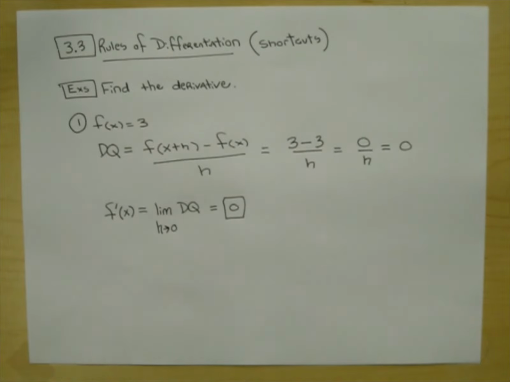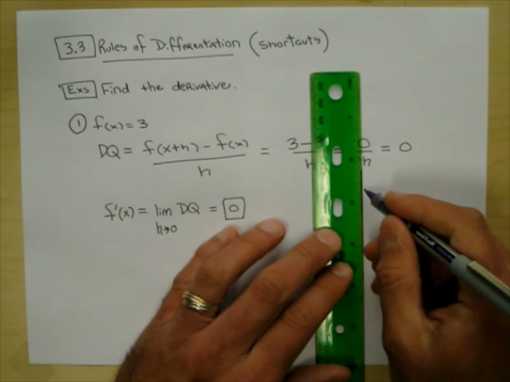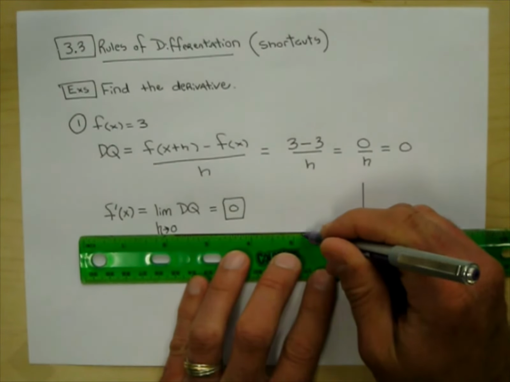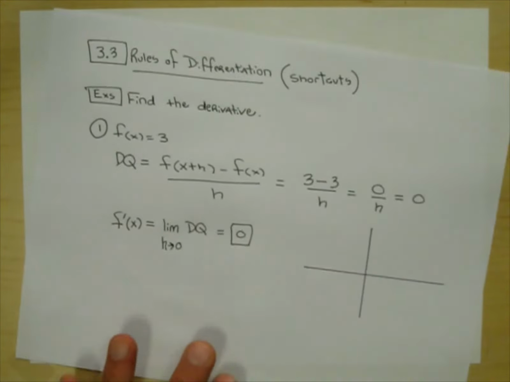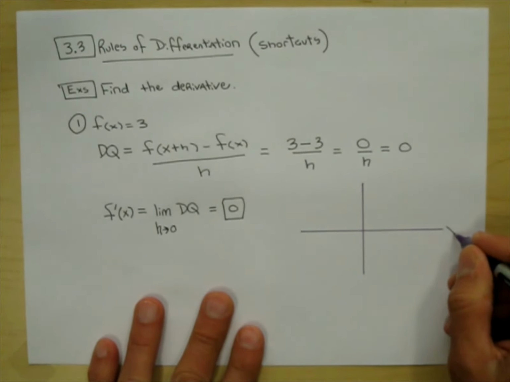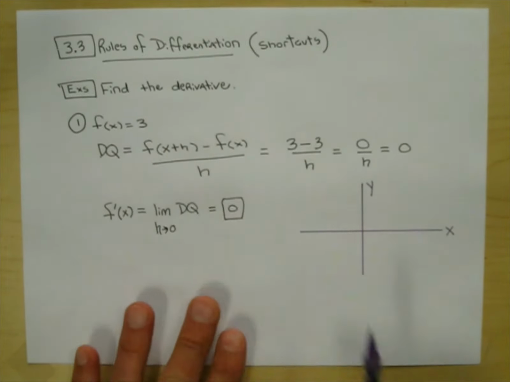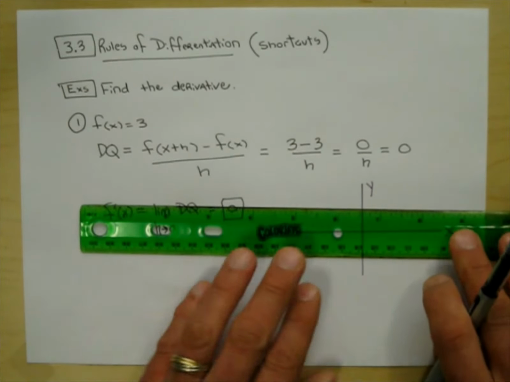In terms of a picture of what just happened, well, what does the picture of our function look like? So here's the y-axis, the x-axis. Here's x, here's y. Y equals 3 looks like this.